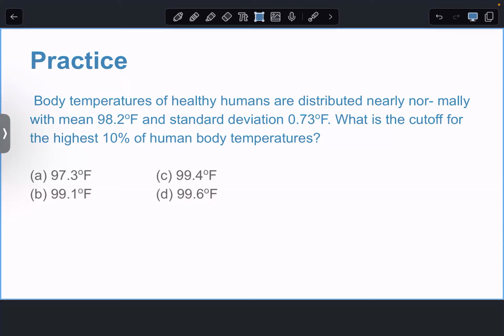We'll do this one. It's the same. It's got a little, not a typo, but an error, I guess. It's the same distribution, right? Nearly normally distributed temperatures.